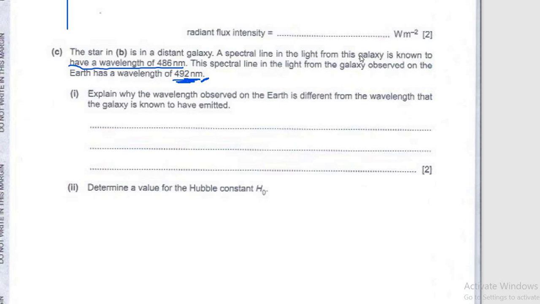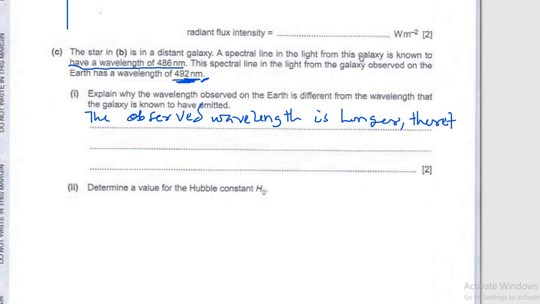So let me put it like this. The observed wavelength is longer, therefore the galaxy is receding.